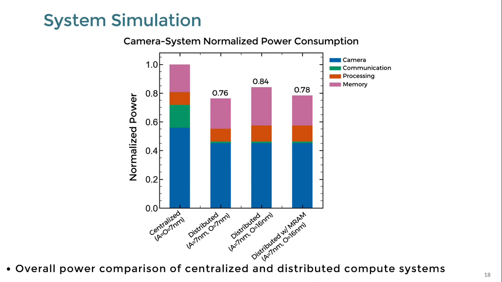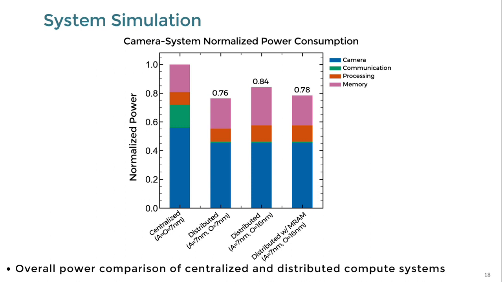So the first takeaway here is that when we go from a centralized system to a distributed system, we see a power reduction of around 24%. This power reduction comes mostly from a reduction in the communication power, because we're sending less data through the energy-hungry MIPI, and also we get a big improvement in the camera power, because due to the high bandwidth of the micro-through-silicon via, we can reduce the readout time of the camera, so the camera can stay a longer time in a low power mode.